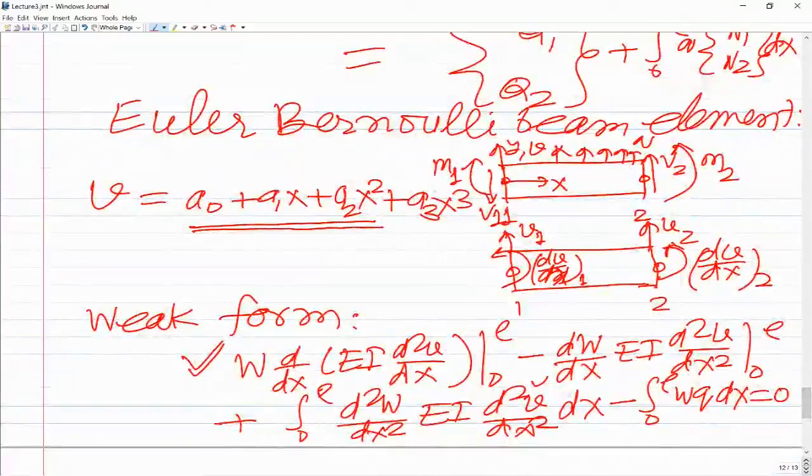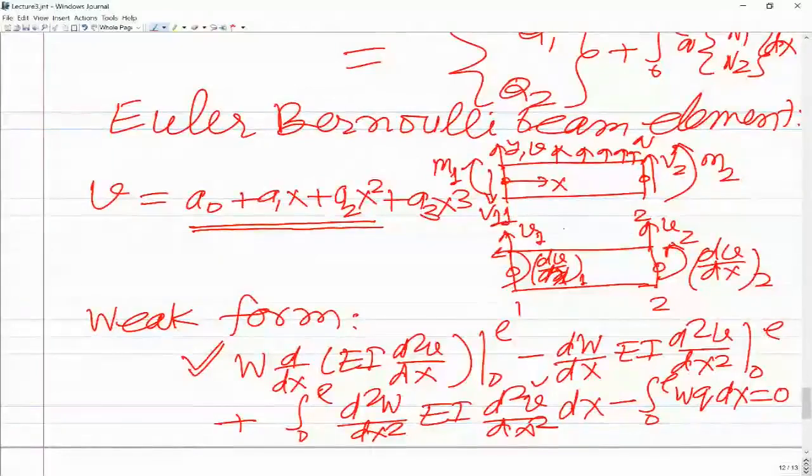But when we look at the compatibility requirement, when we assemble the elements, one element should be compatible with the other element. For that we need the continuity of primary variables across the elements, and to ensure that we need to have primary variables as degrees of freedom at the end nodes.